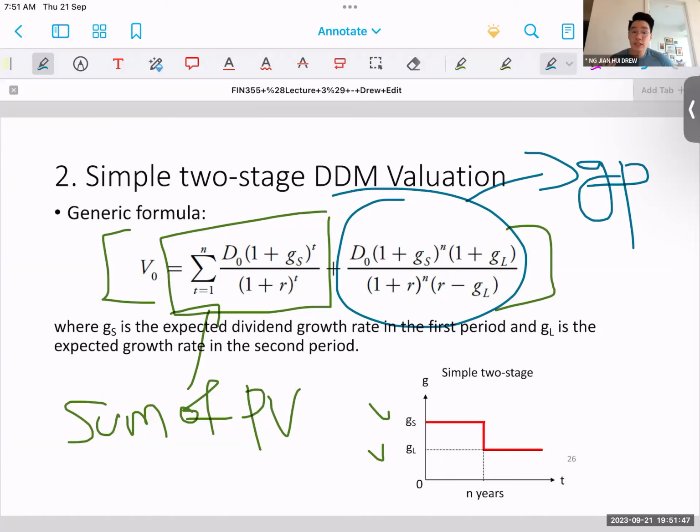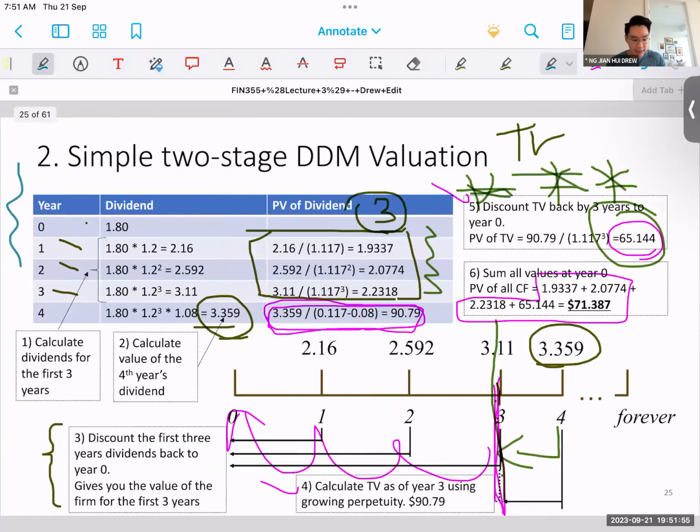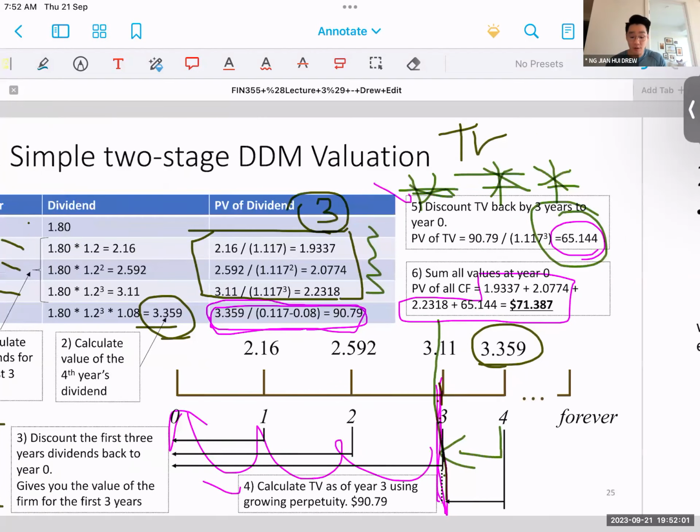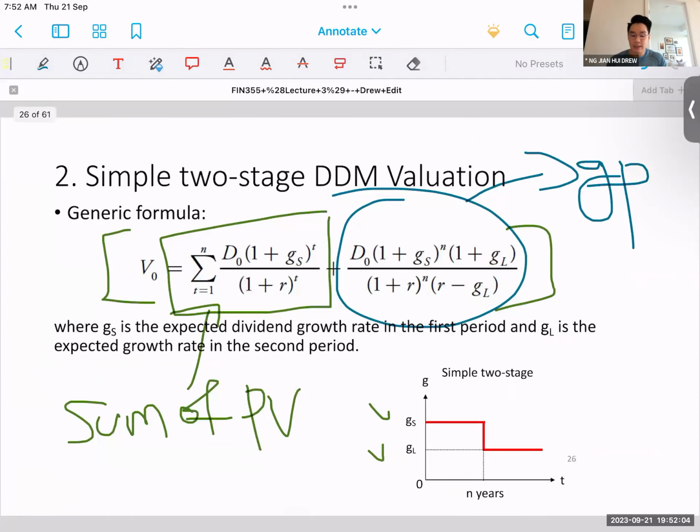You can usually use this generic formula, but my recommendation is to understand how to do it using this method here, instead of using the generic formula. Why? Because sometimes the generic formula is written in a form so simplified that it's very hard for you to figure out what is what.